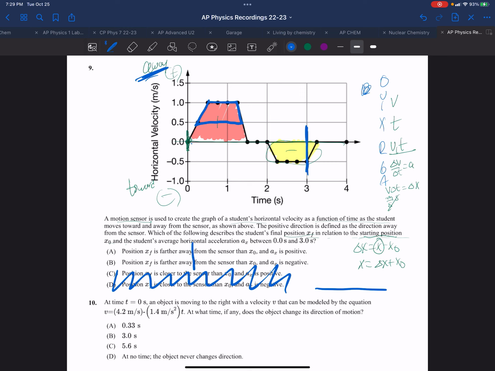If an object starts at one location at time 0, and at the final time they end up in the positive direction, then the acceleration overall must be positive because they went from here to here. Choice A.